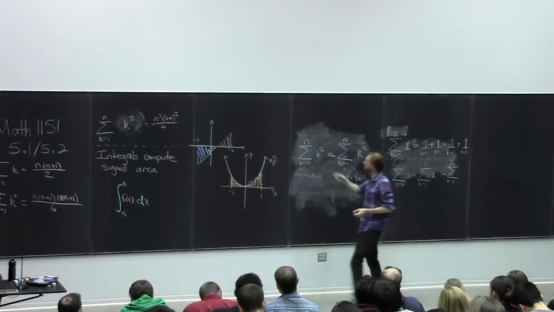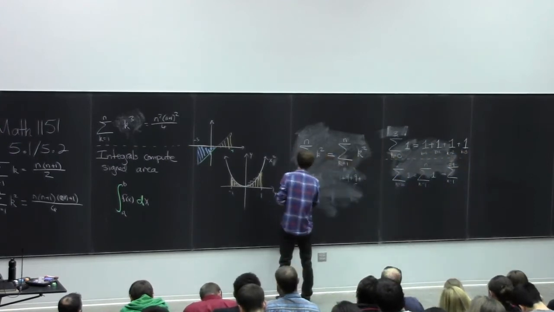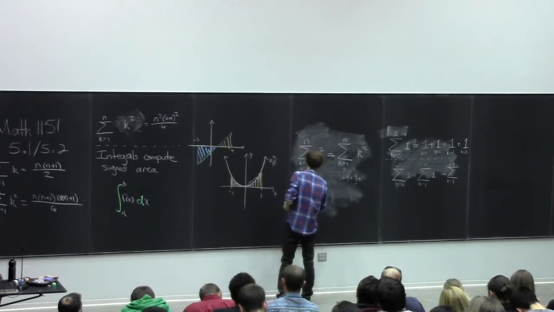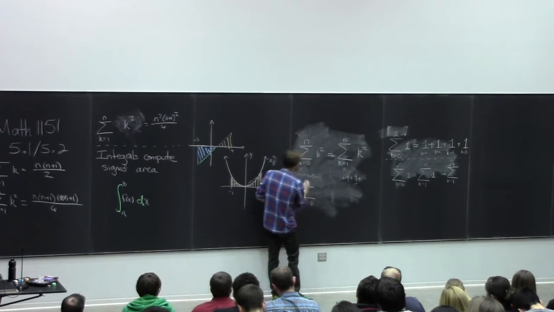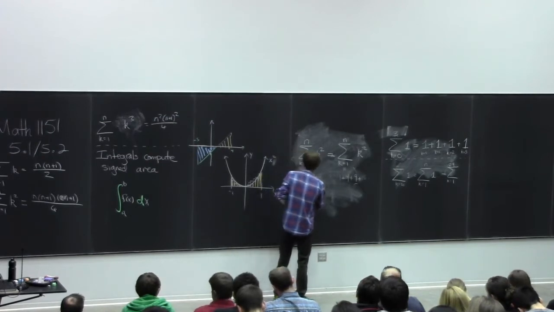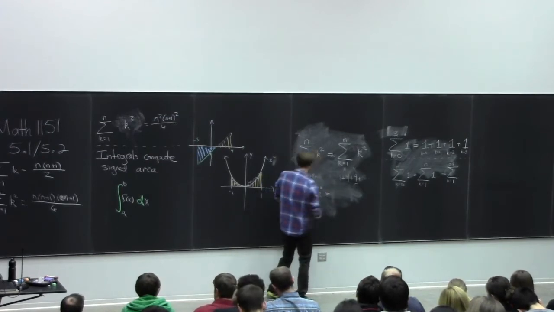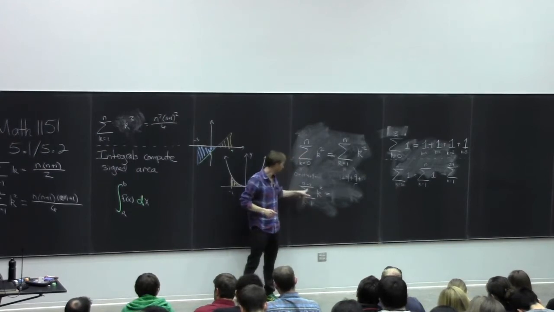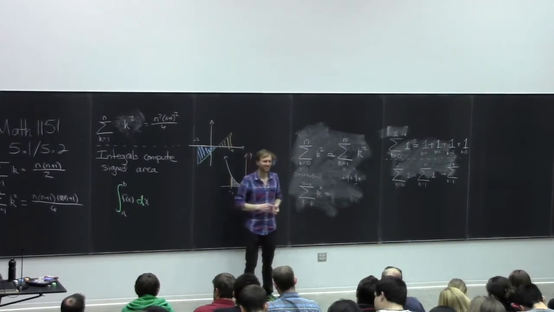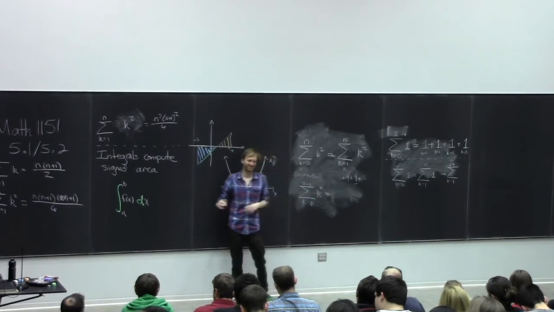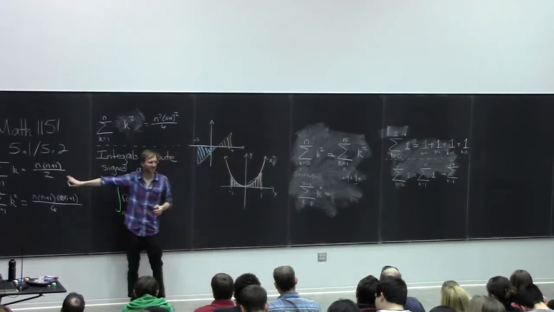And sometimes, this happens a lot, you want to know the sum from k equals 1 to n minus 1 of k squared. You might say, easy. I have the formula here.